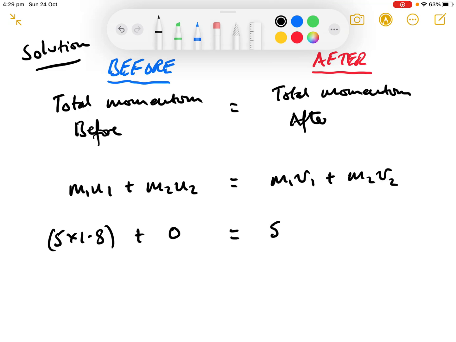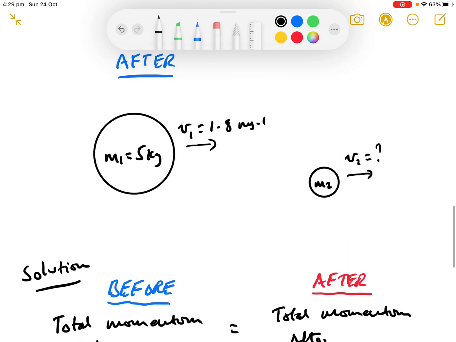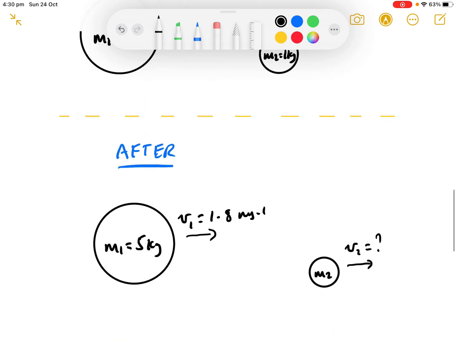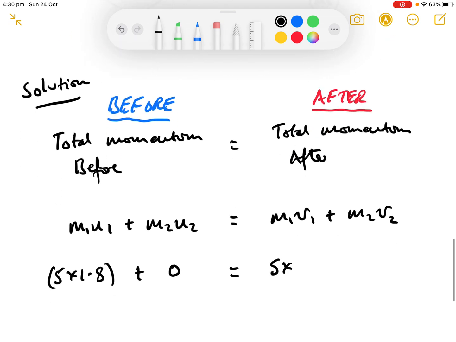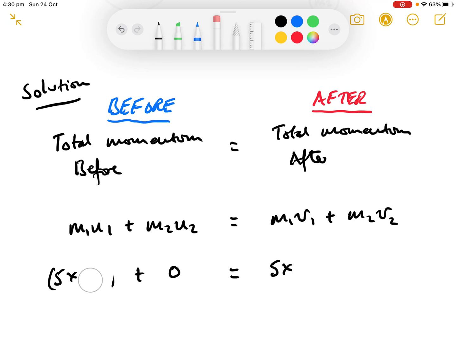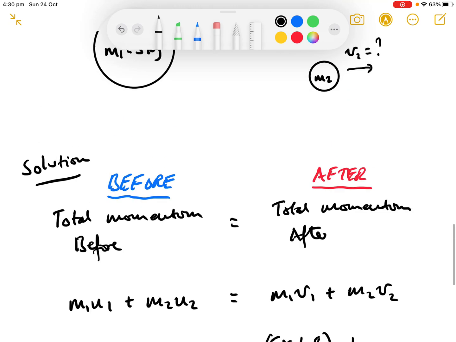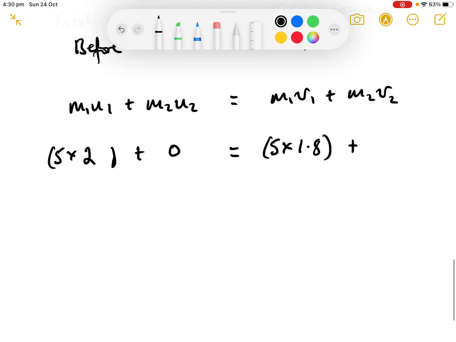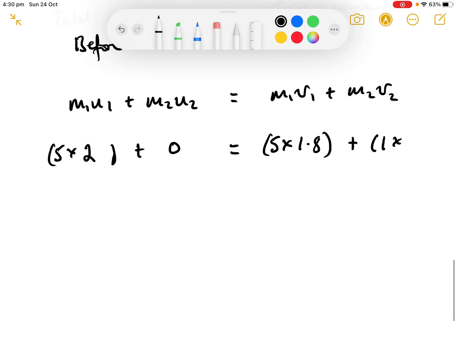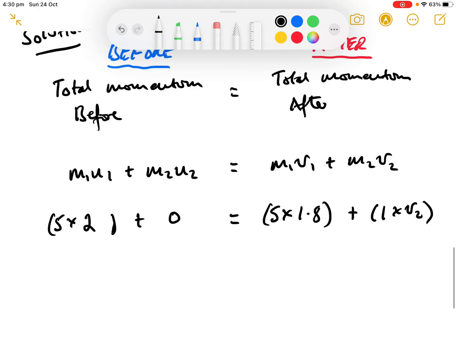Afterwards, the 5 kilogram mass has slowed down a bit. Oh, sorry, I've put in the wrong figure there. Let's just change that. That's coming in at 2, and it's going at 1.8 afterwards. Okay, and we've got our 1 kilogram times v2 there.